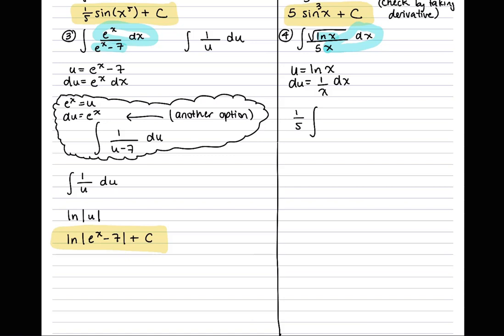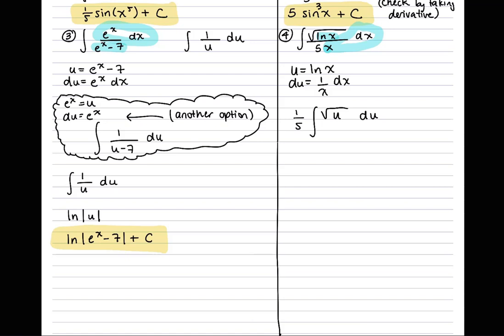Then I have square root of, there's my u inside the square root, and then 1 over x dx is my du. Take a moment to see that you understand how we rewrote that integral, noticing that because the x is in the denominator, it's really a 1 over x, which got absorbed into this du.